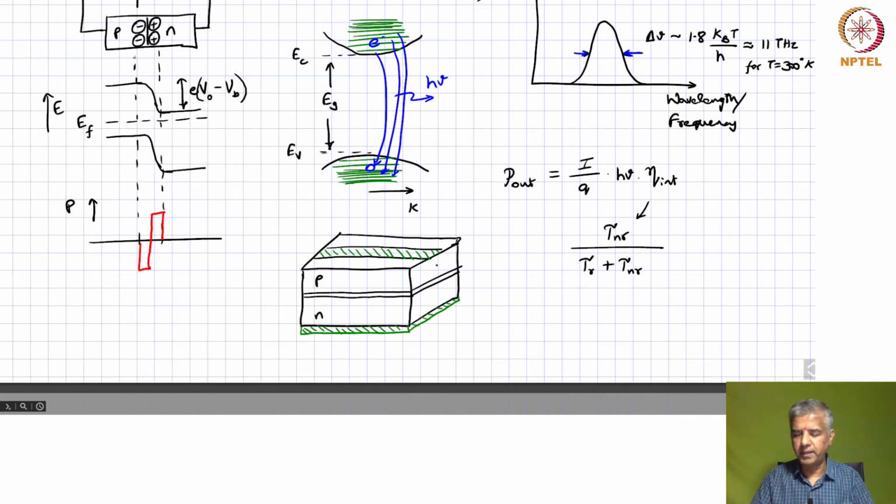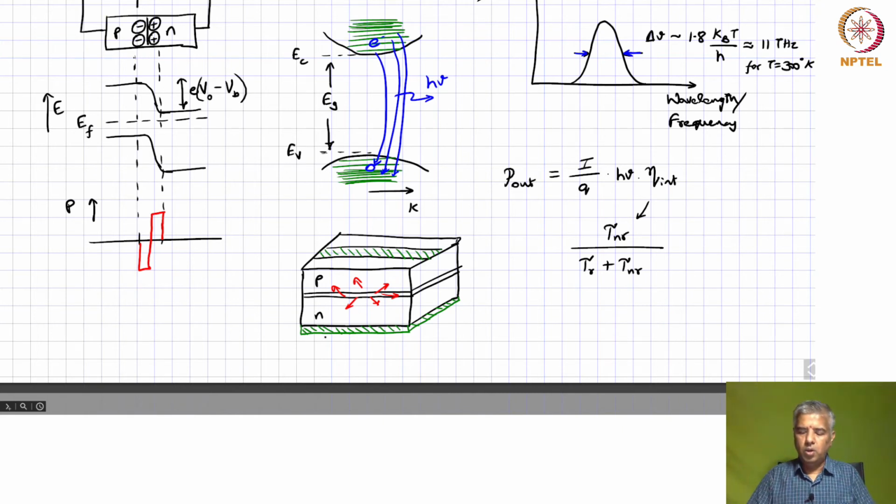And so the current flows across this, and that's when these carriers are injected and they recombine within this active region, and then they generate light. But the photons that come off of this are going in all sorts of directions, some of which go straight down, others in other directions, and so on.